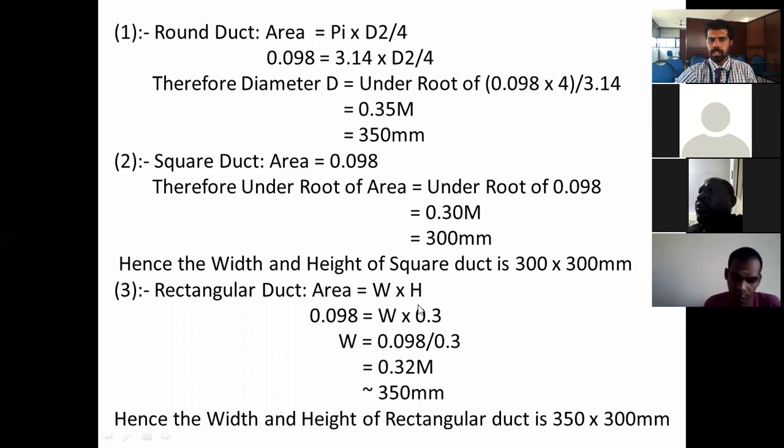So here, at least you have to give one of height or width. You have to assume it, then you will be getting the other. So these are very simple mathematical equations. There is nothing much to explain about this. So we can find the duct area and duct dimension.